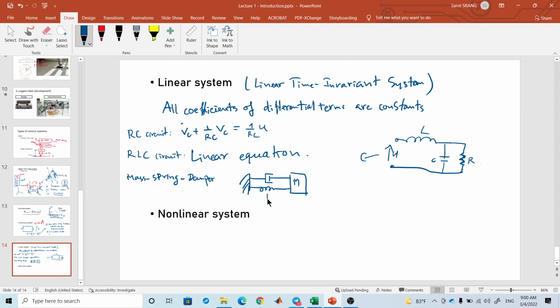This is the spring constant and the viscous coefficient.